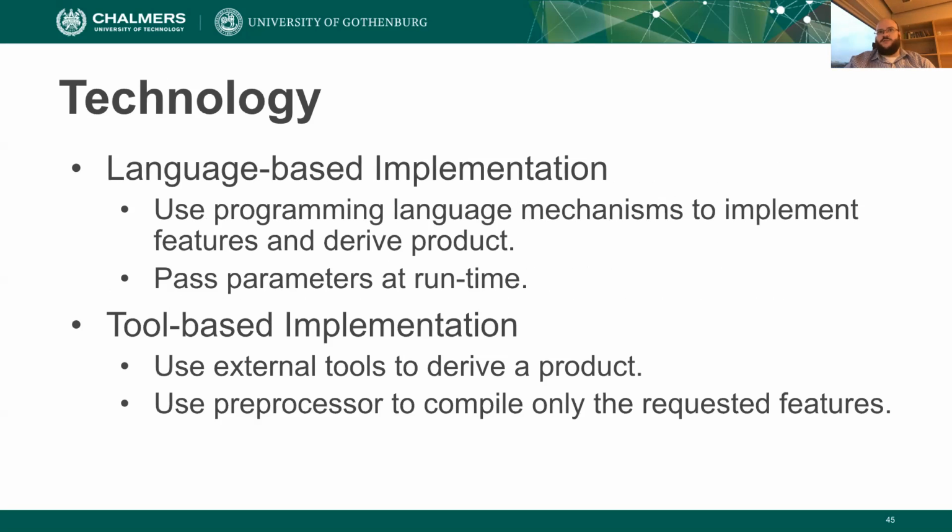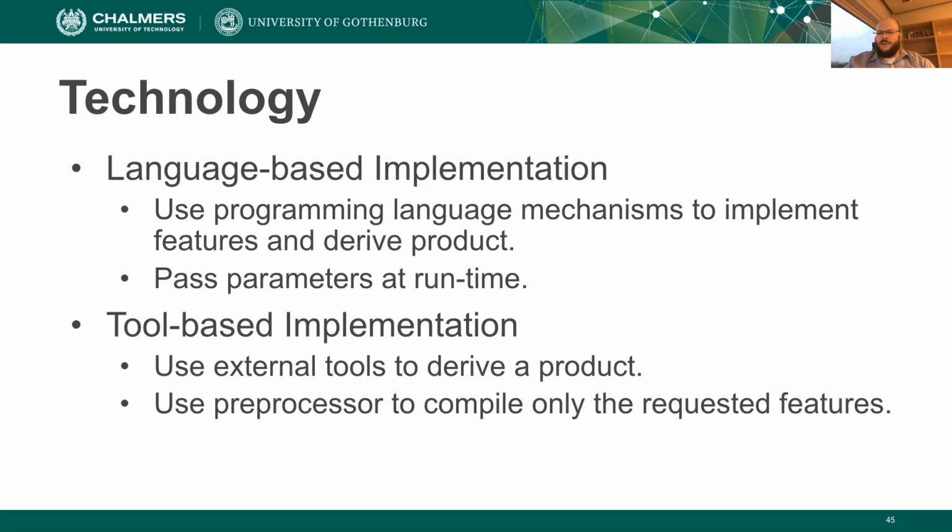Technology-wise, we have two main routes we can take, classifying different product line implementations into those based on mechanisms provided by your programming language, called language-based approaches, versus those that are based on external tools that operate on your software products to derive artifacts, called tool-based approaches. A language-based approach uses the mechanisms provided by your host programming language.